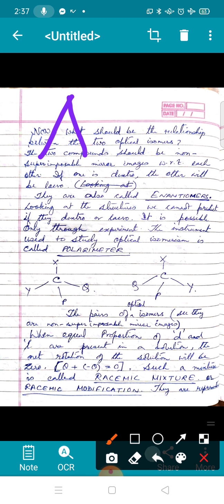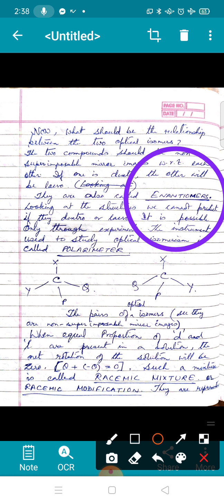So they are superimposable, and they will not possess optical activity when it comes to organic compounds. The condition is they should be mirror images, but they should be non-superimposable. Such a pair of compounds which are non-superimposable mirror images are called enantiomers.